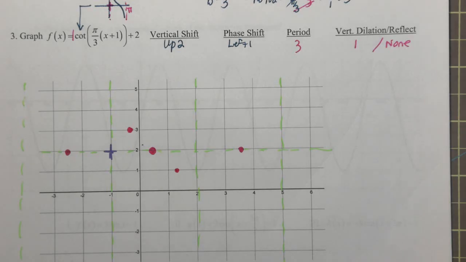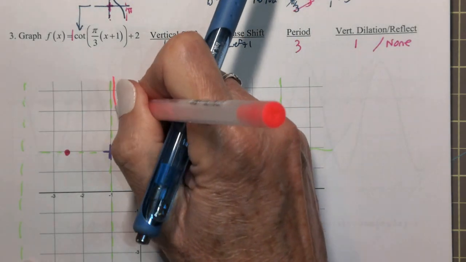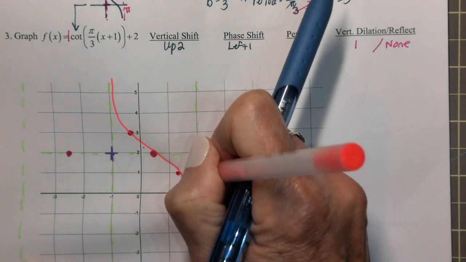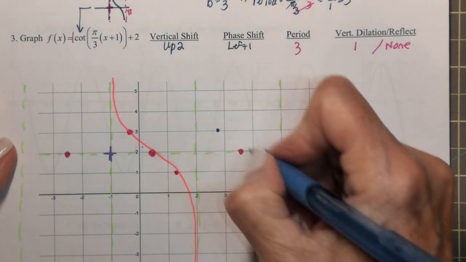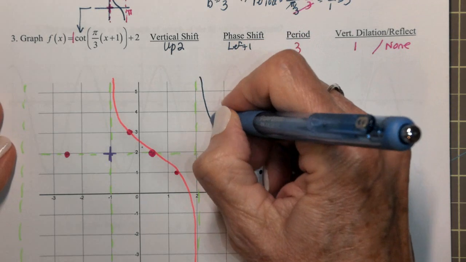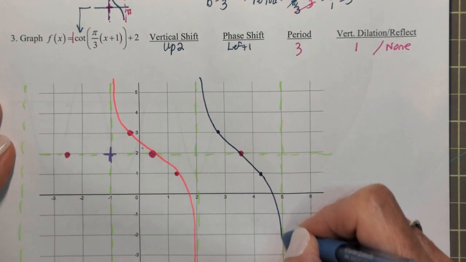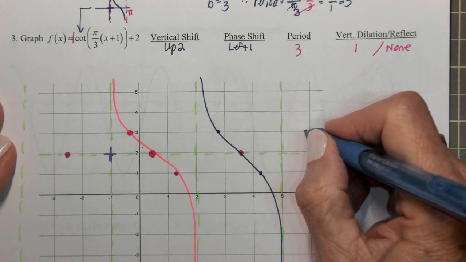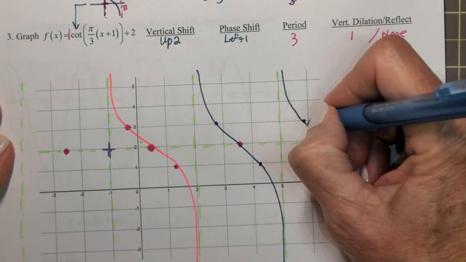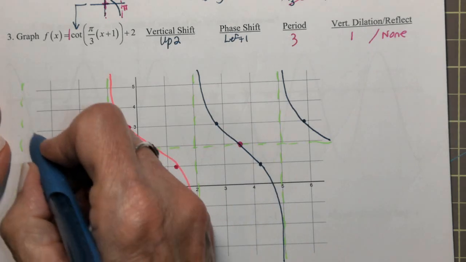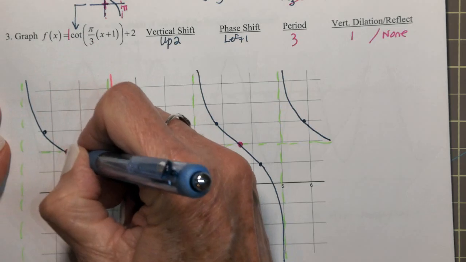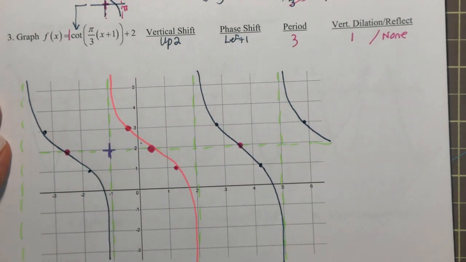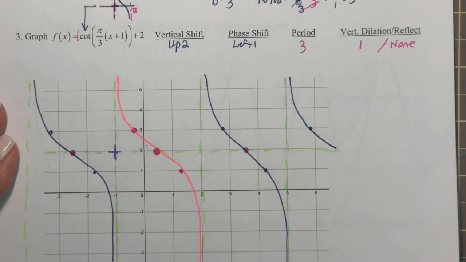And then I can draw that leg. And then just repeat it for the remaining legs that I can draw. There's that graph of cotangent.